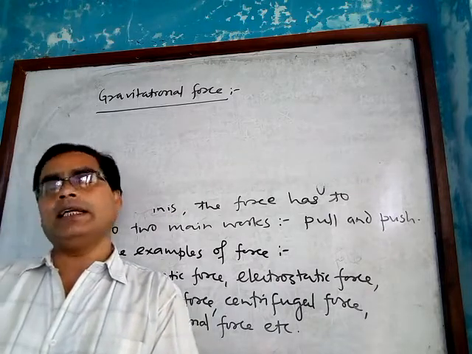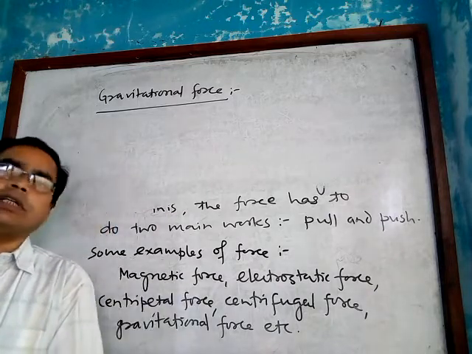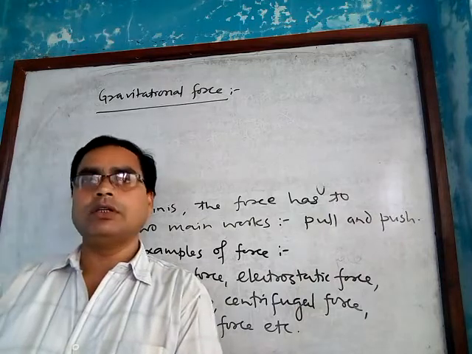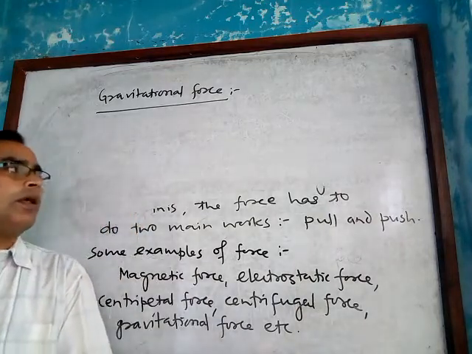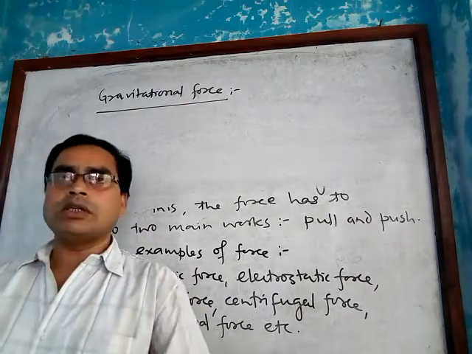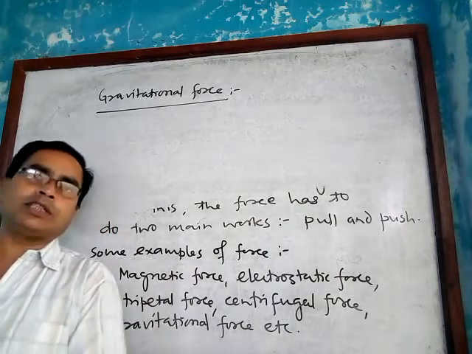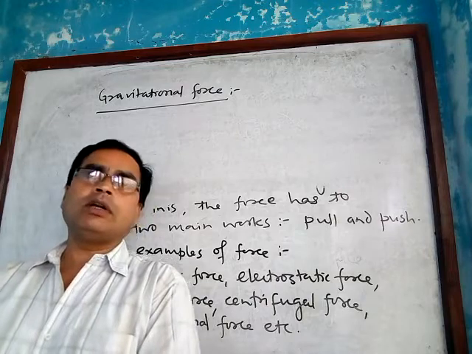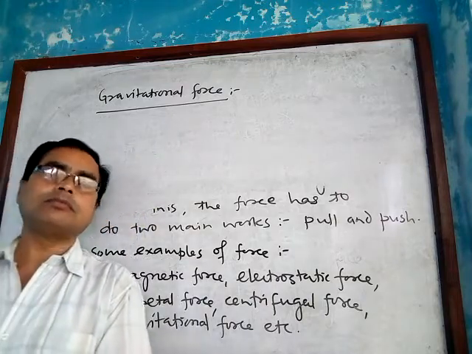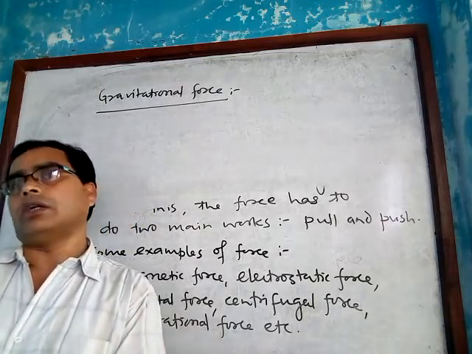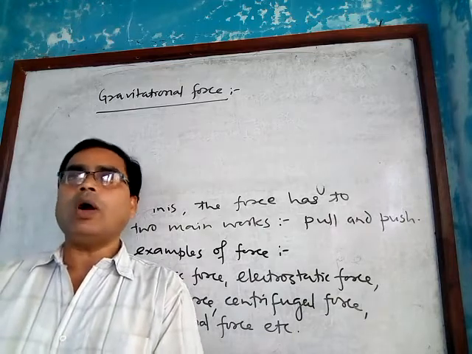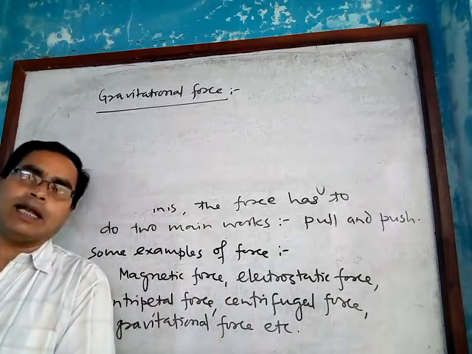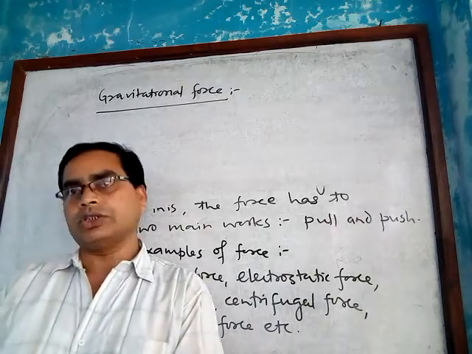In 1687, Newton was thinking about the force of gravity, and about the revolution of the planets around the sun. Why are the planets revolving around the sun?